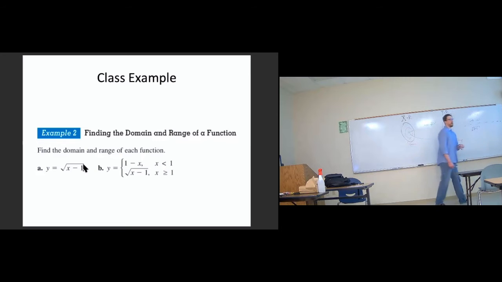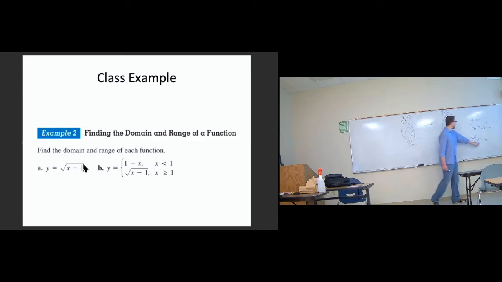And the way we got to this was, we said, what's the domain of that? I don't know. But the domain of this is any number greater than or equal to 0, right?